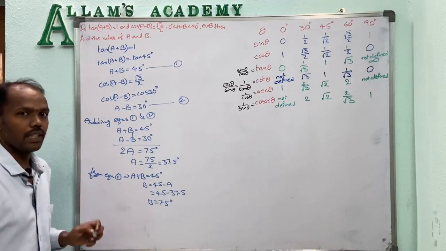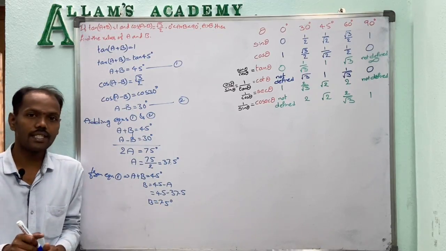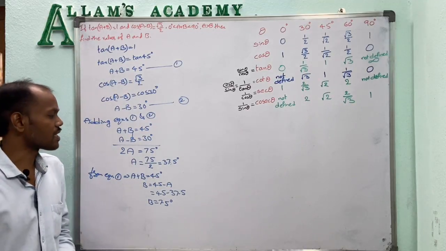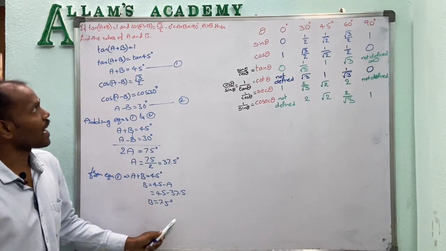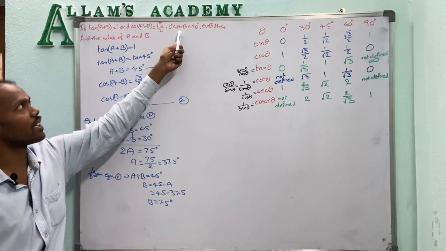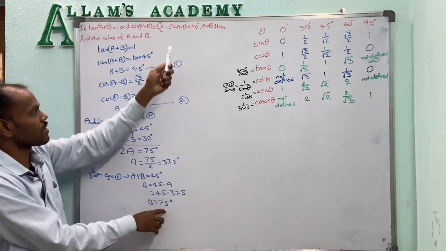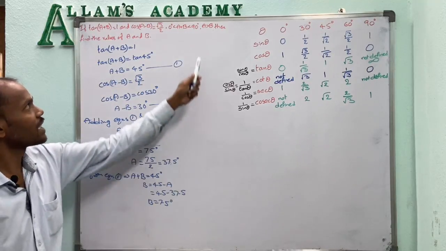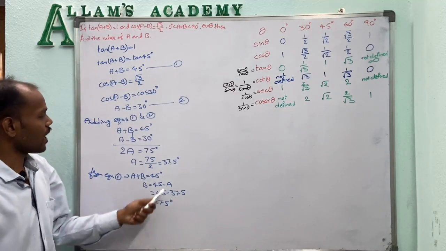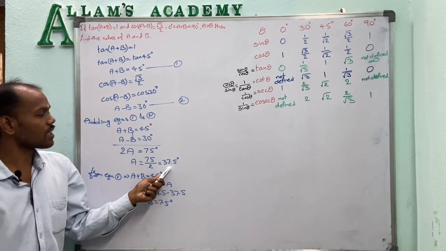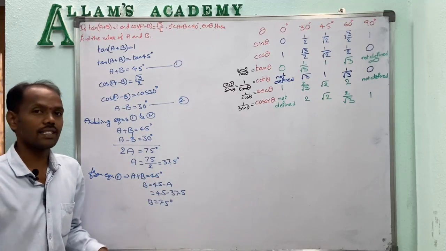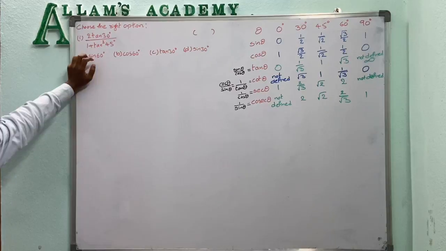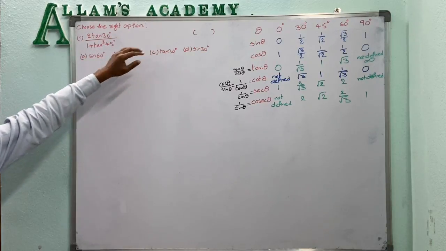So angle B equals 7.5 degrees and angle A equals 37.5 degrees, and both angles are acute angles, and both angles sum is 45 only. A plus B is less than 30 and A is greater than B. So angle A, 37.5 degrees, is greater than 7.5 degrees.